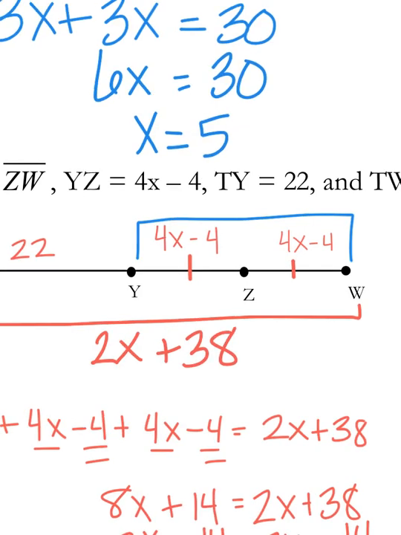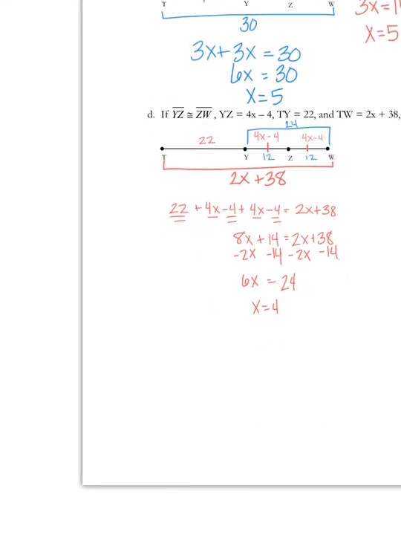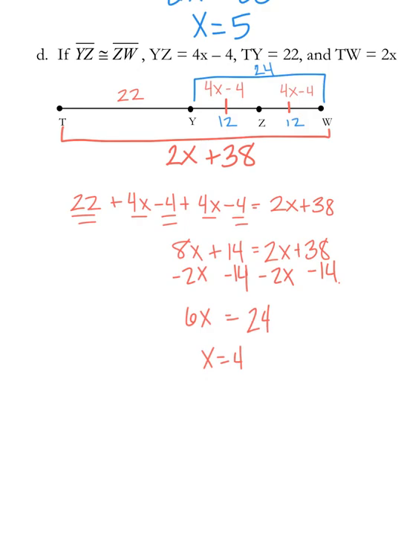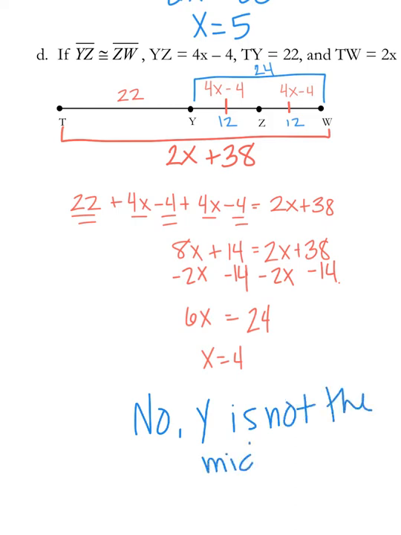So 4 times 4 is 16. 16 minus 4 is 12 plus 12 is 24. Well, no, it's not. So that means no, Y is not the midpoint of TW.